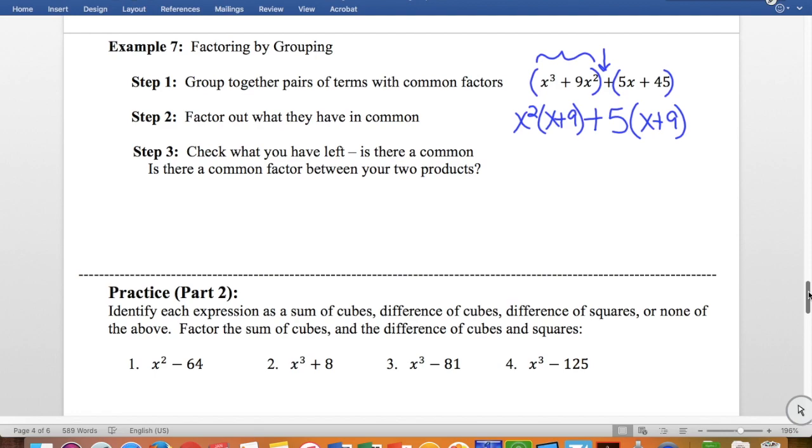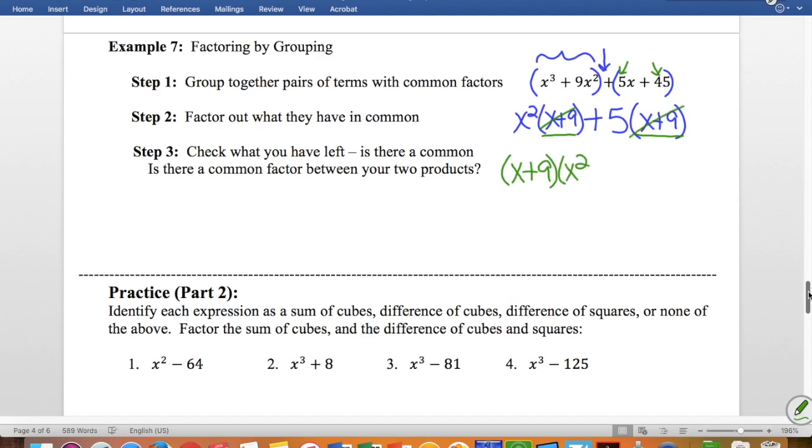Well, these two products have a common factor of x plus 9. So just like I factored out a 5 up here, these each have a common factor of x plus 9 that I can factor. Well, if I take this factor out, I'm still left with x squared.